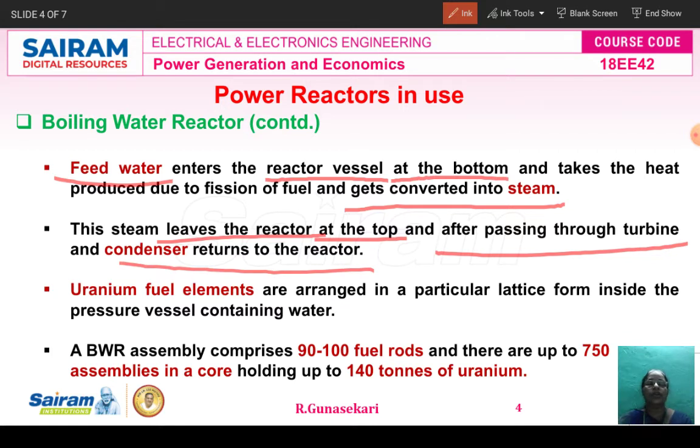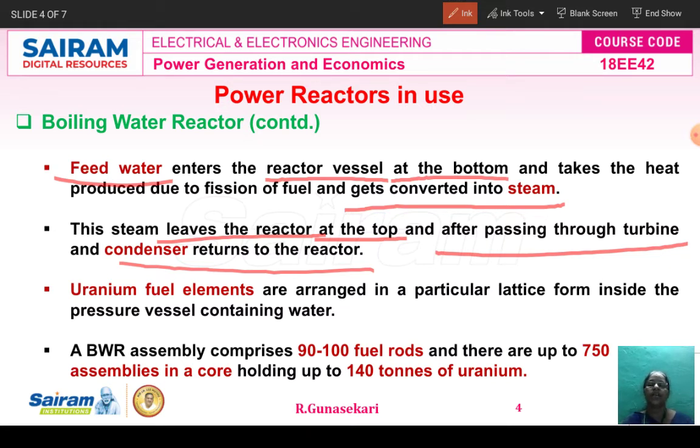Students, first you have to listen to the functions and the materials used for coolant, moderator, all those things. Then I will show the boiling water reactor diagram, and then you can easily understand.